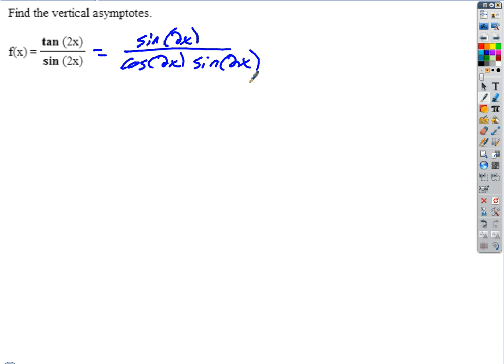Okay, algebraically I can cancel the sines. That's good. And so I'm left with 1 over cosine 2x. Wherever that equals 0, those will be the places where we get vertical asymptotes.